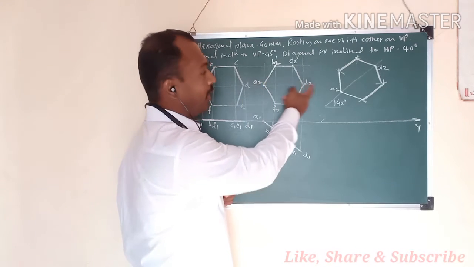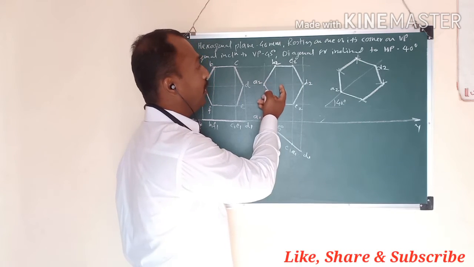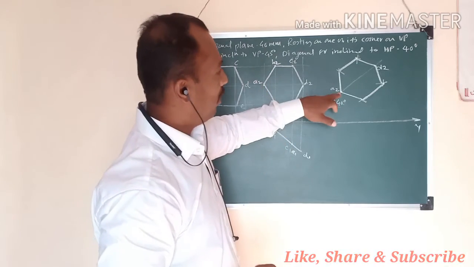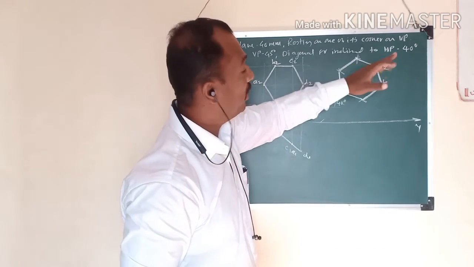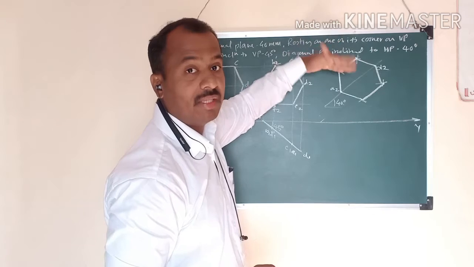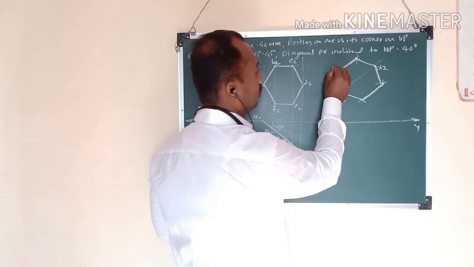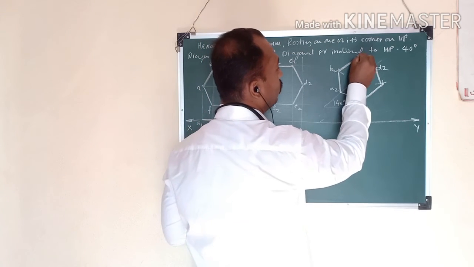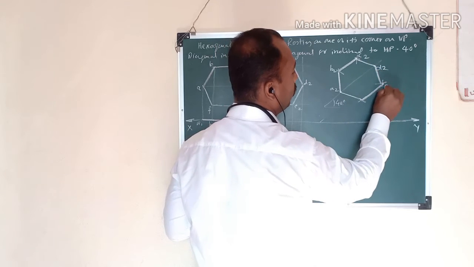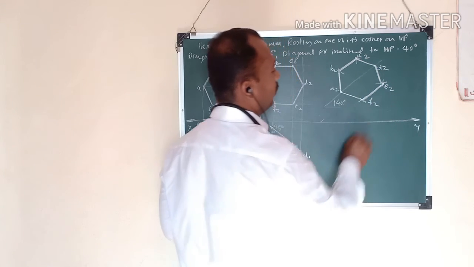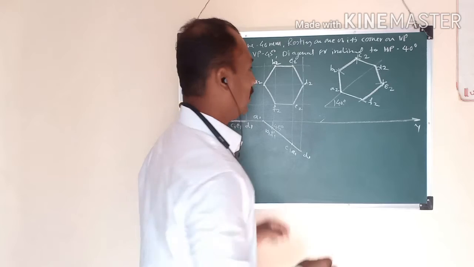A2 पे खड़ा रह के D2 को देखा तो B लेफ्ट में आता है. तो यहाँ पर भी A2 पे खड़ा रह के D2 पे देखेंगे तो B कहाँ पे आना चाहिए, लेफ्ट पे. तो this will be B2, C2, D2, E2 and F2. So like this assign the point names.